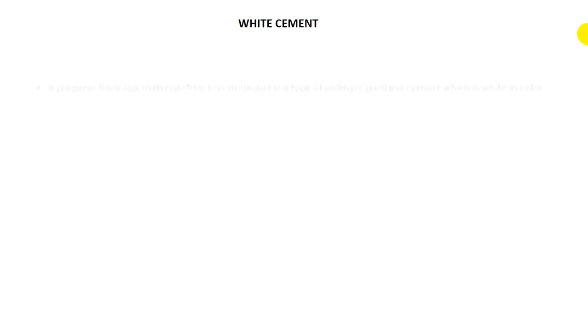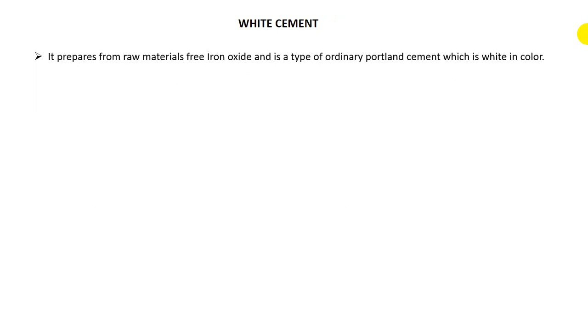So finally, white cement. It is prepared from raw materials free from iron oxide, and is a type of ordinary Portland cement which is white in color. That means white cement is also ordinary Portland cement, but it is free from iron oxide.